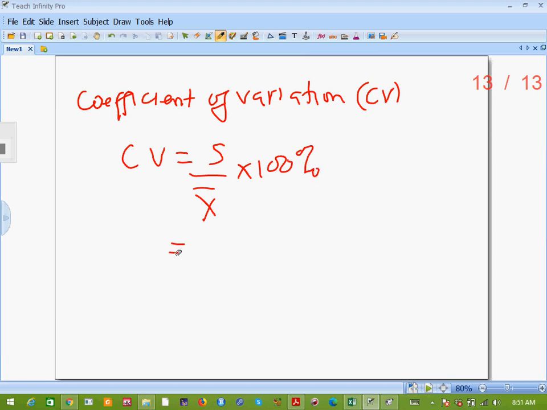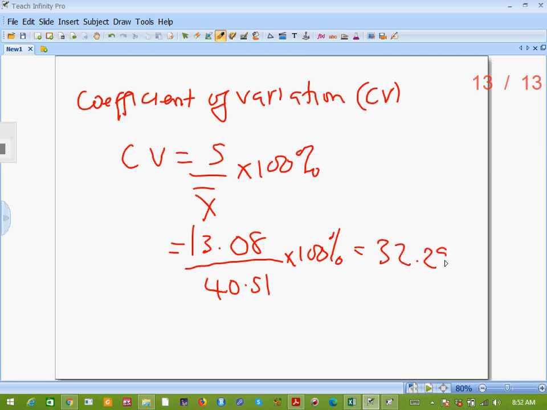So we know our standard deviation is 13.08 divided by 40.51 times 100%, and that gives us 32.29%. Okay, so we're going to end here with the first example, and we're going to continue with the second example in the next slides. Thank you.